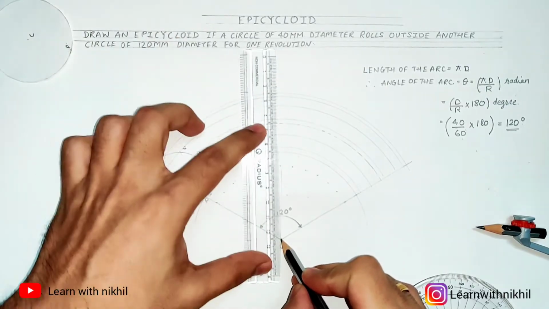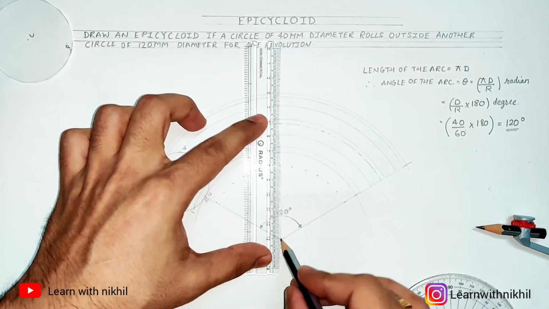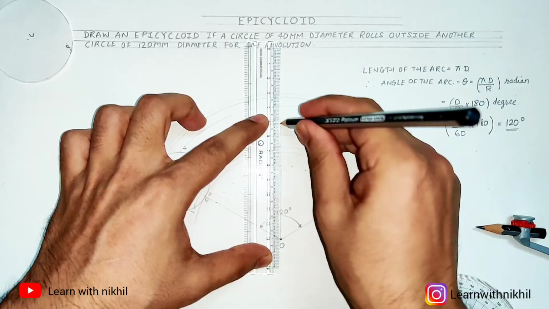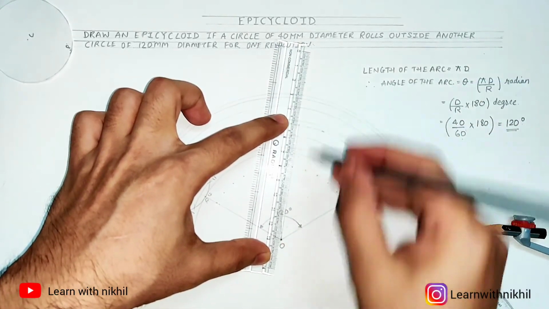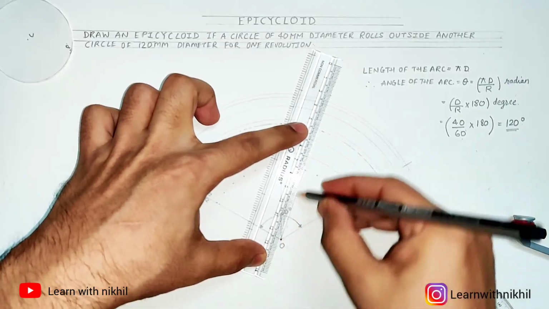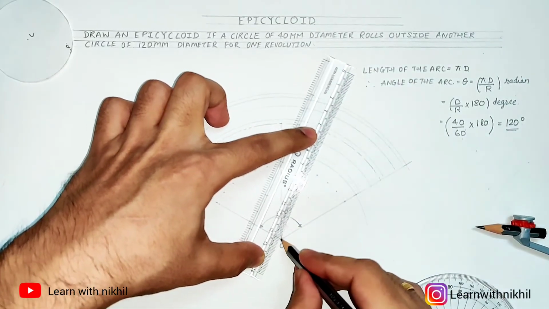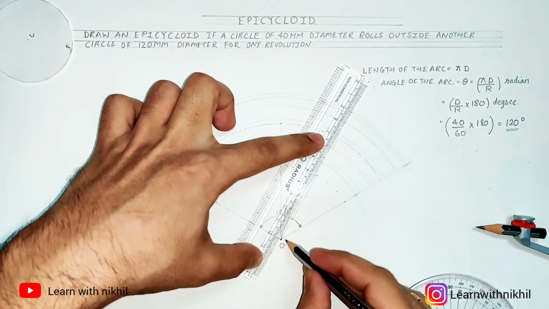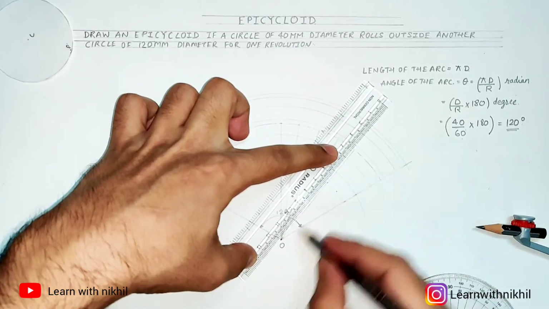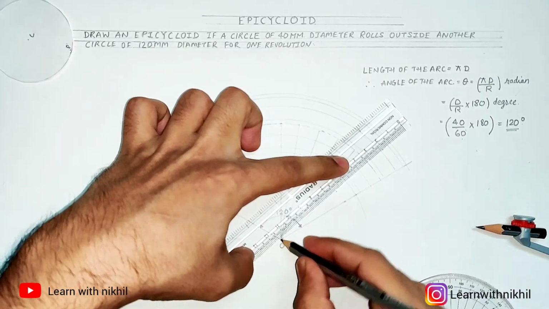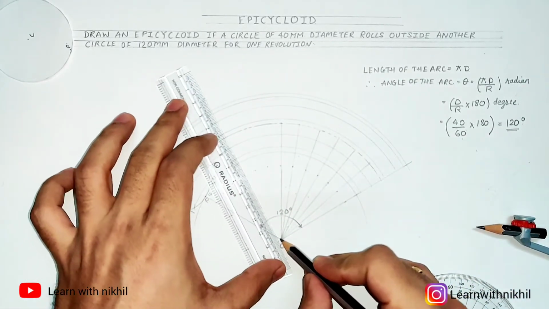Then I'll draw the lines from the center O to the center curve line. So you will get 12 center points, which you will mark from C1 to C12.